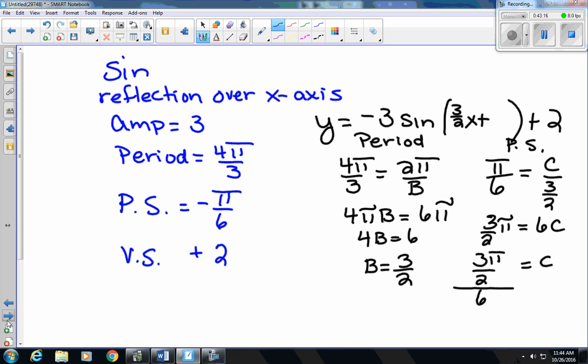So what's my fraction? So it ends up being 3 pi over 12. Look, keep it, change it, flip it. This is 6/1. Did you not just divide by 6? So to flip it, it becomes 1/6. So this would be 3/12 or pi over 4.